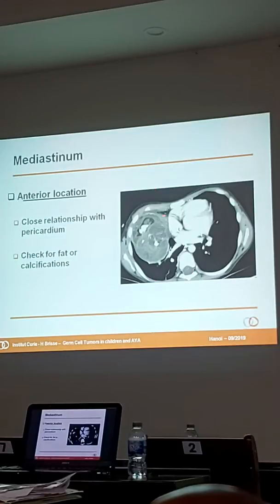And when it occurs in adolescents, and usually males, mostly it's a malignant germ cell, so you have to get the serum markers. What is important is to know also that these tumors are very close to the pericardium, so when the surgeon removes these tumors, they have usually to remove also part of the pericardium.